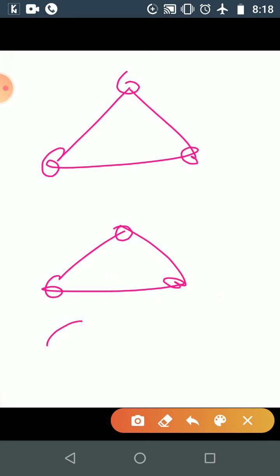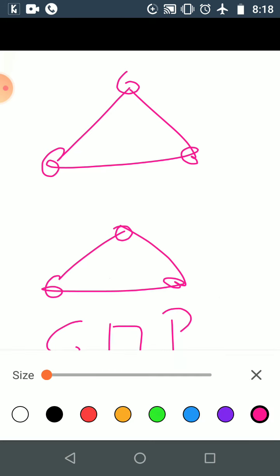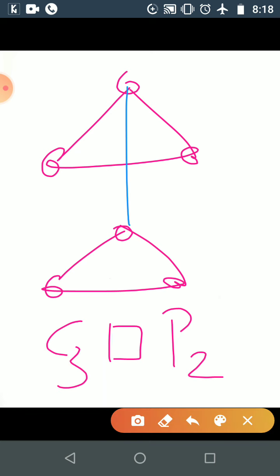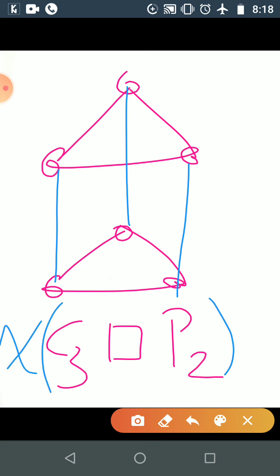So this was C3 Cartesian product with P2 or K2, whatever, correct, both are the same. So here it was coming as this one and this one, like a prism. So the chromatic number for this graph should be the maximum of this one or this one, correct. The chromatic number for C3 is 3 and the chromatic number of P2 or K2 is 2. So it should be coming as 3.